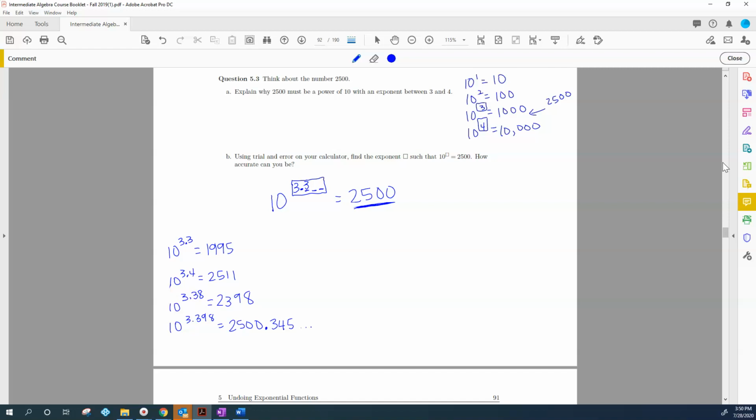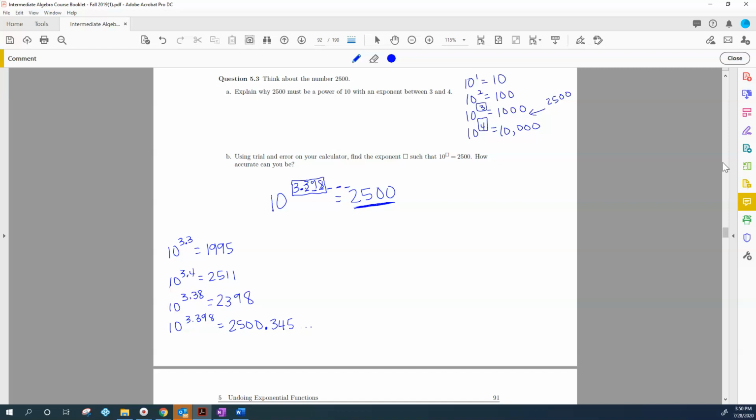So that looks really good. So 10 to the 3.398. And the more decimal places I put after this, the closer and closer I can get to that 2,500. And that's what we're doing when we're trying to figure this out.